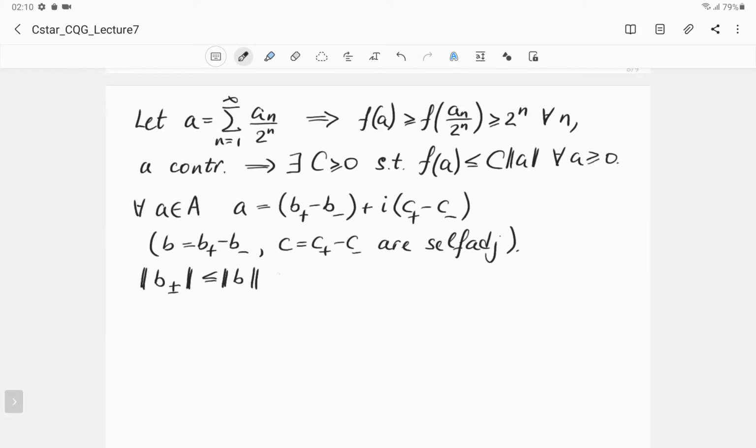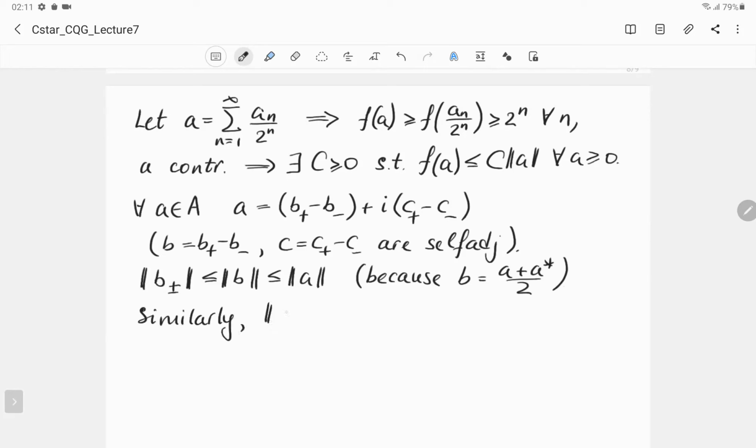And the norm of b is less than or equal to the norm of a, simply because b is a plus a star over 2. And similarly, the norm of c plus and the norm of c minus is less than or equal to the norm of a.